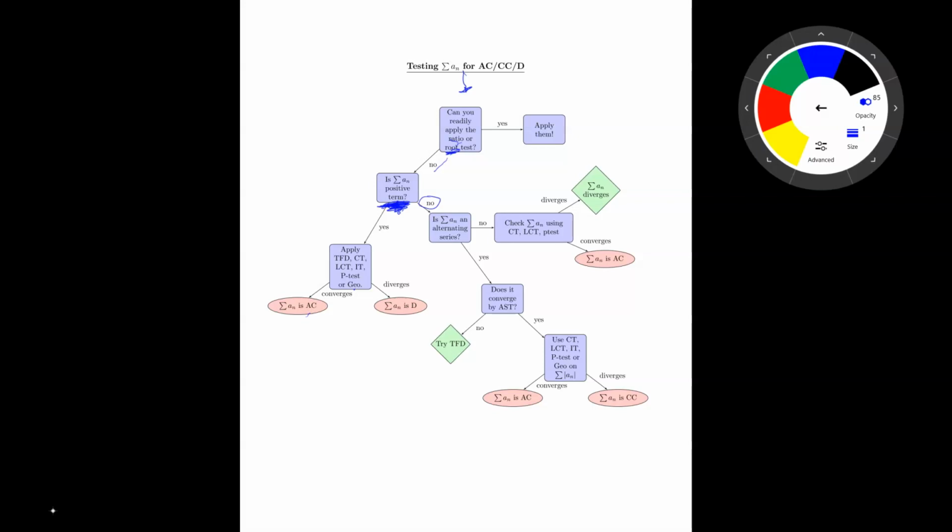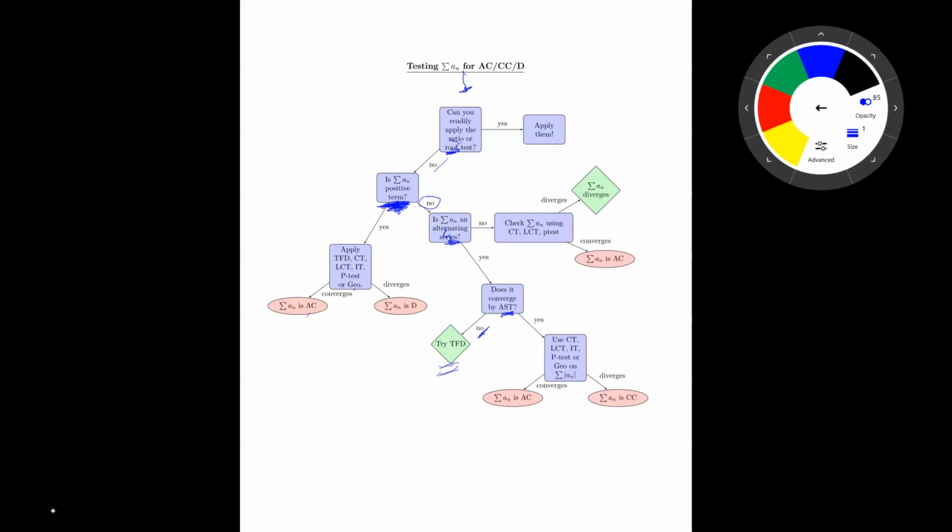If it asks you, is it an alternating series, and it is, like number 10 or number 8, then you ask, does it converge by AST? If you find out that it doesn't converge by AST, you don't ever say diverge by AST. You say it must diverge by T for D, correct? That's the only way you fall out of AST and say diverges by T for D.